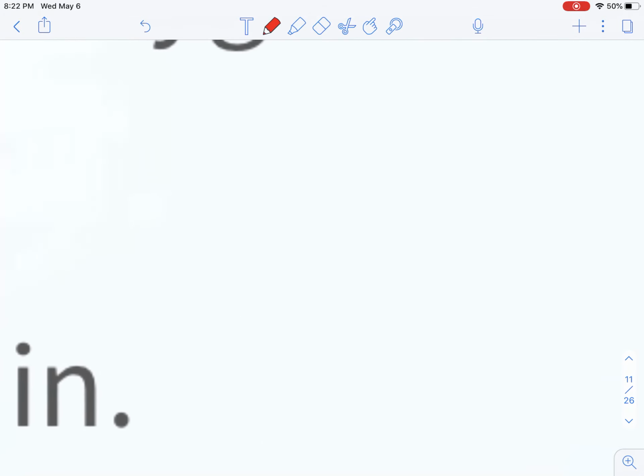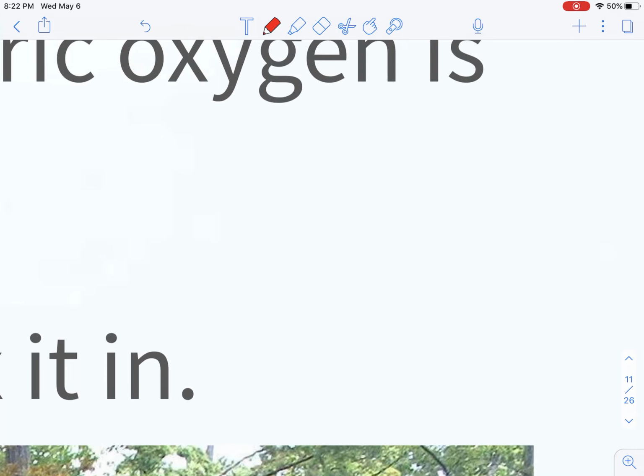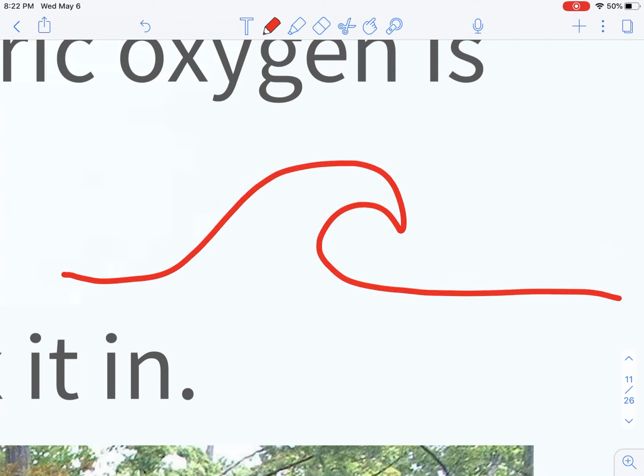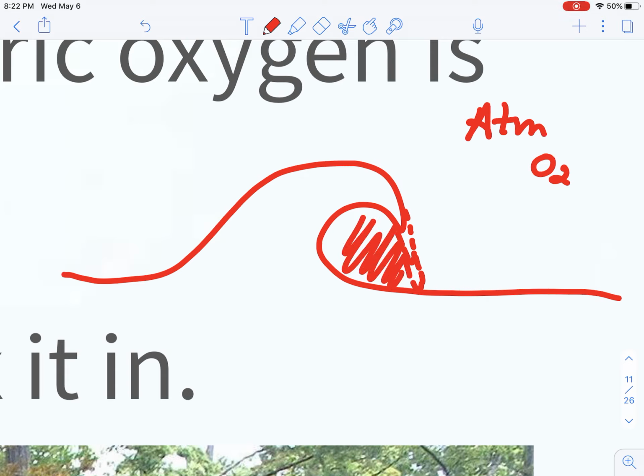What I mean by mixing in of oxygen, so let's say you're at a beach and you see a wave, right? So here's my wave. What we need to remember here is that the atmosphere is 22% atmospheric oxygen, right? So as the wave crests, as it gets closer and closer to the surface, there's all of this air right here.